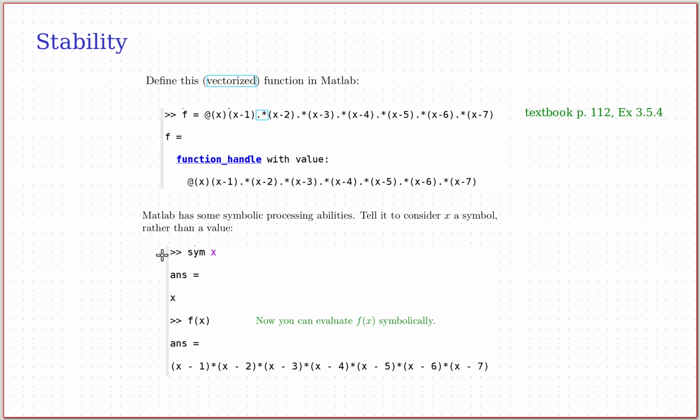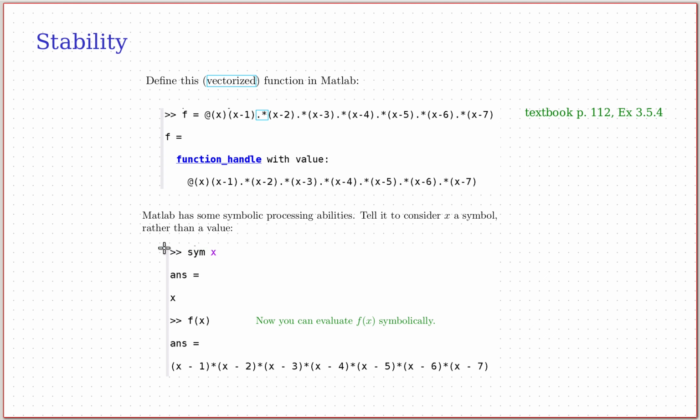Okay, now, one interesting thing about MATLAB is that it does have some symbolic processing capability. Mostly it's used for numerical number crunching, but it does also do some symbolic calculations. So what I'm going to do is tell MATLAB to consider x not as a variable which should have a value, but as a symbolic variable.